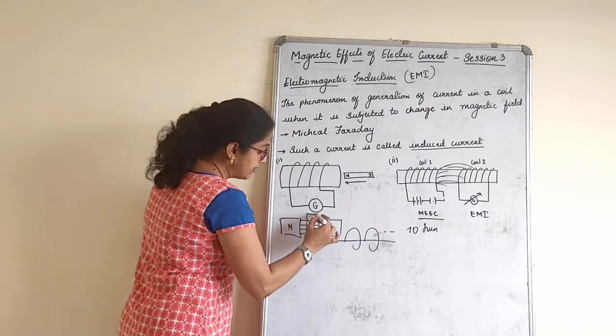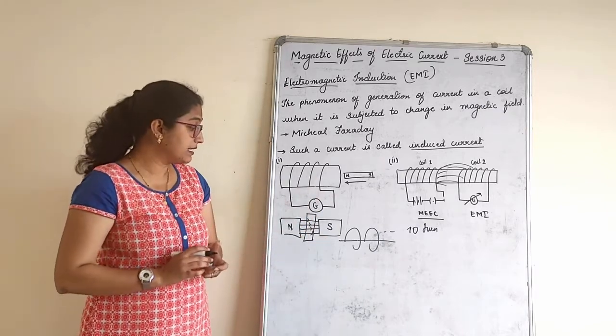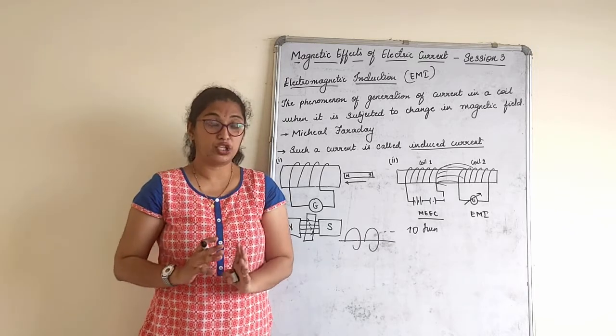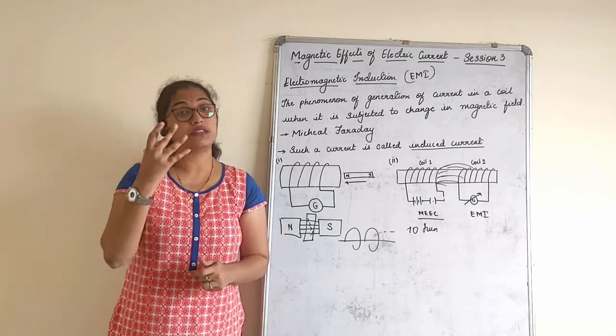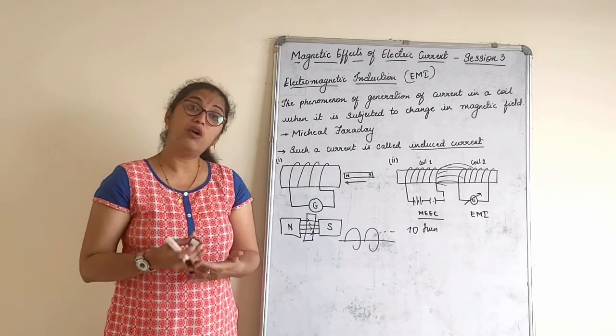I place a conductor here, and I also know in which direction the conductor is moving. Now I should know what is the flow of the current here. In which direction is the current flowing? How do I tell that?